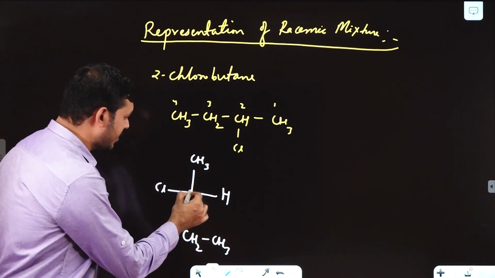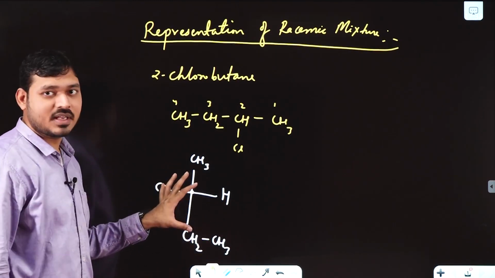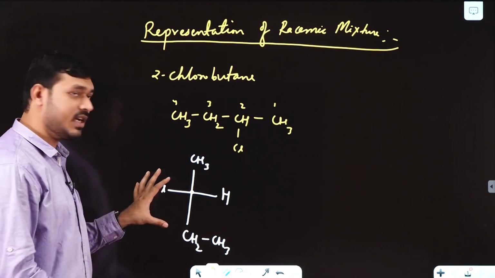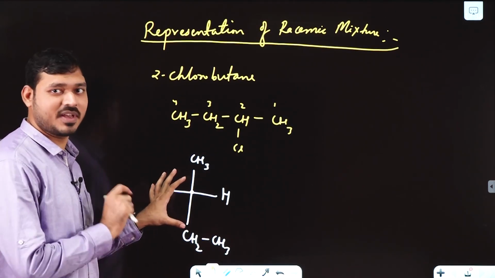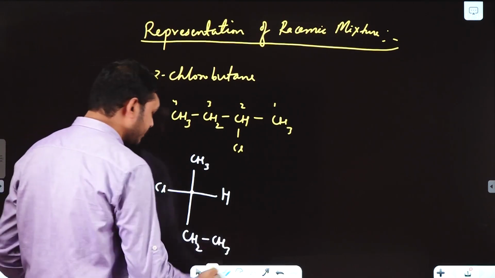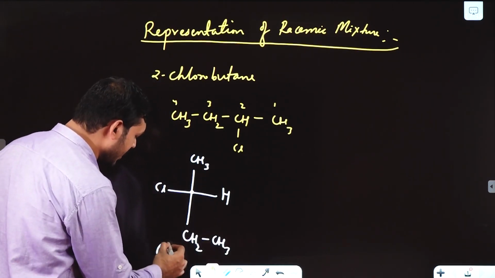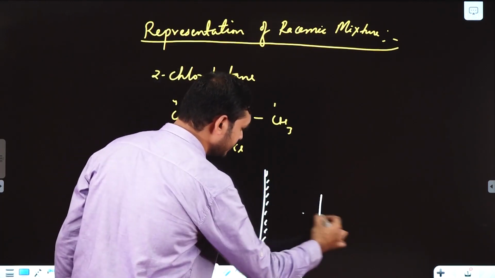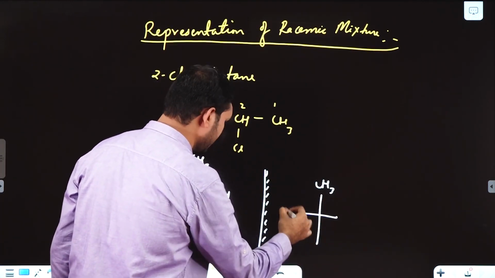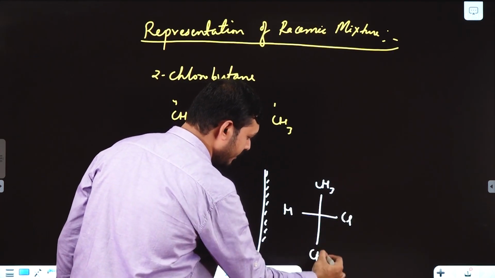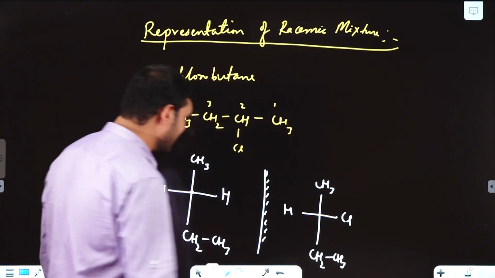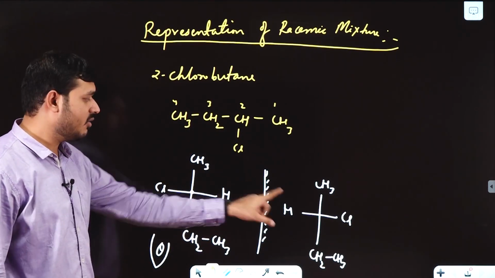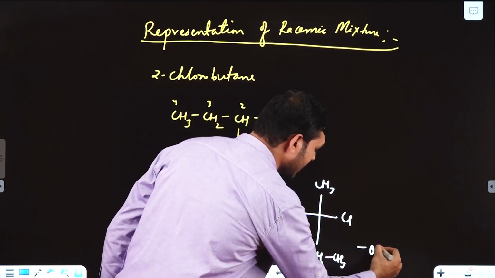Due to this one chiral center, this compound is having some optical rotation, or for a particular concentration and all the conditions, it is having a particular specific rotation. Now, suppose that the specific rotation for this will be theta, then its mirror image, CH3, H, Cl, CH2, CH3, will be having a specific rotation minus theta.